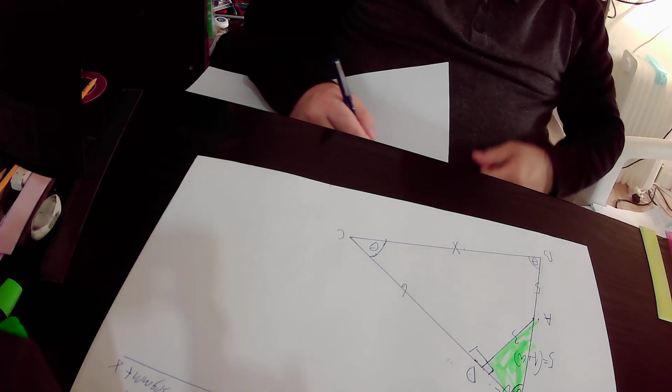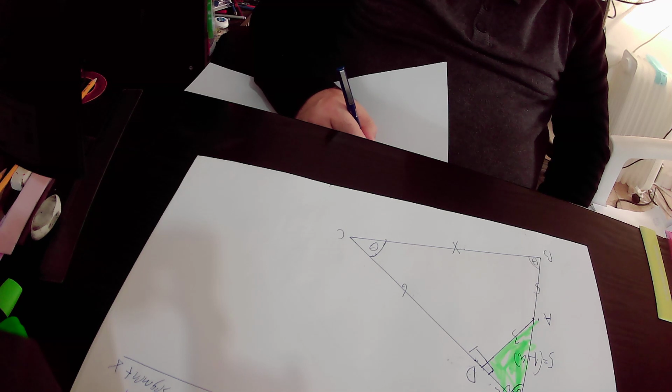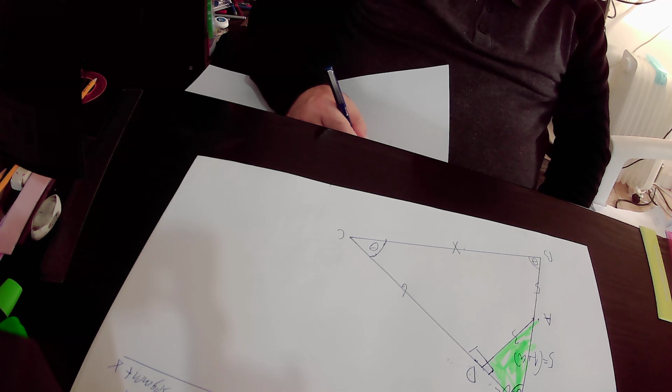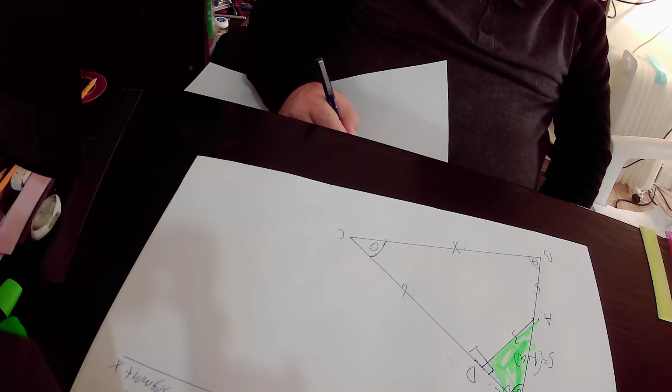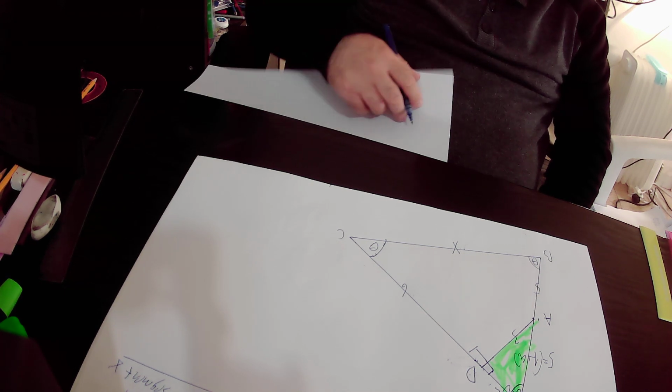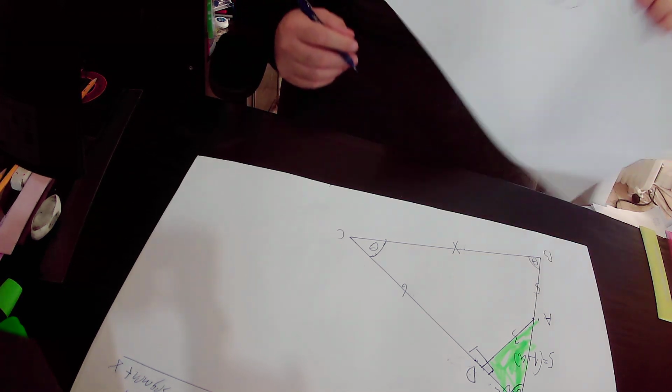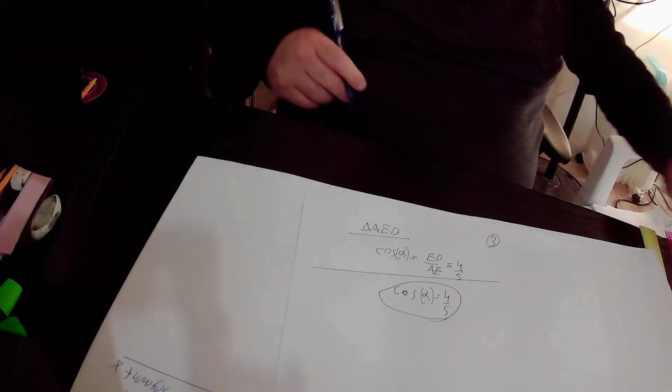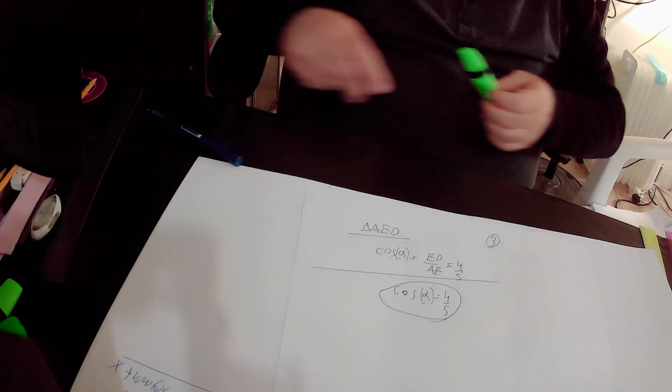So in conclusion, we found out that cosine alpha equals 4 over 5. I'll repeat again. We found out that cosine alpha equals 4 over 5.